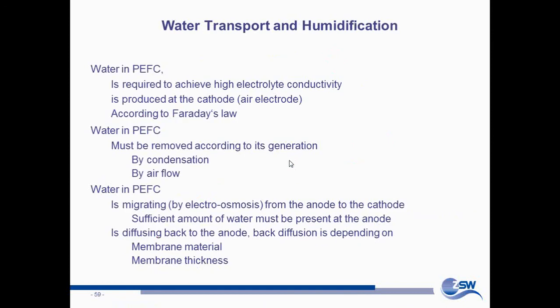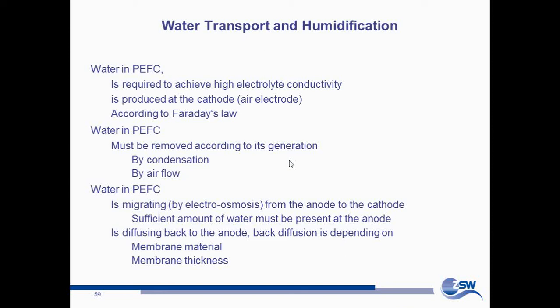And so we have to live with it, and we have to make best use of it. The overall water balance in the fuel cell depends a lot on the thickness of the membrane, the transport properties in the membrane, the relative humidity at the anode and the cathode side, and the transport properties of the gas diffusion layers.